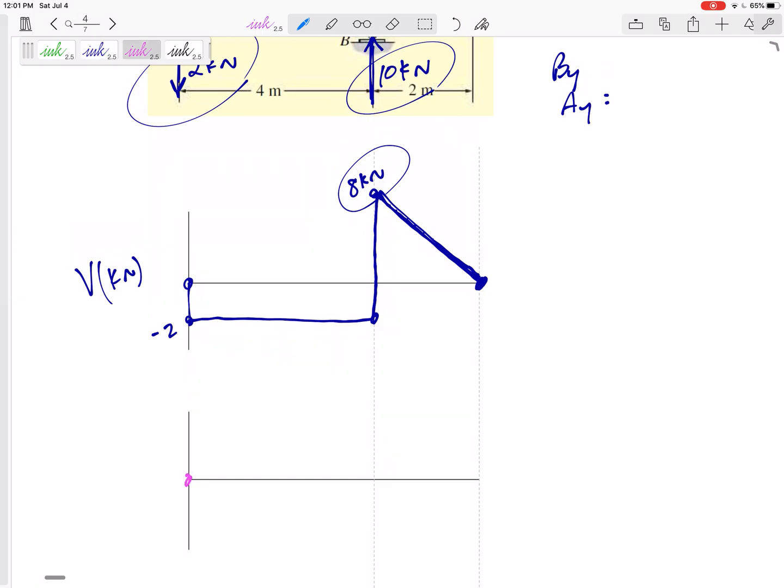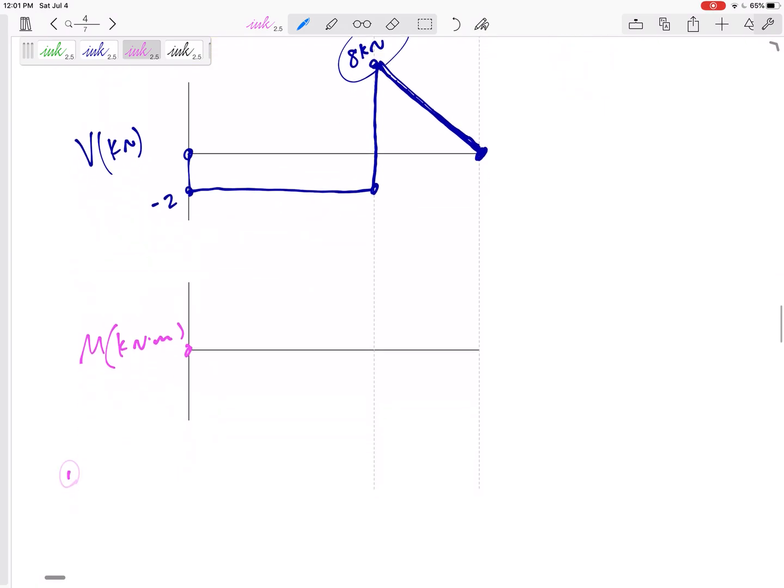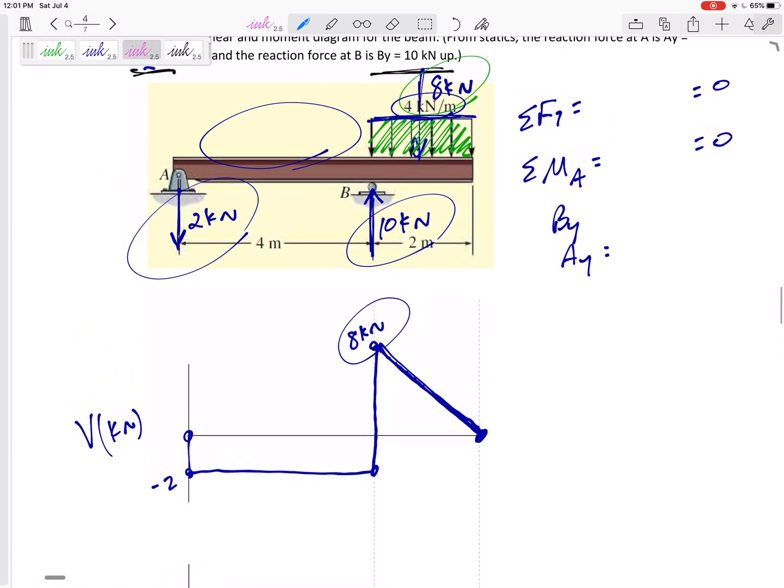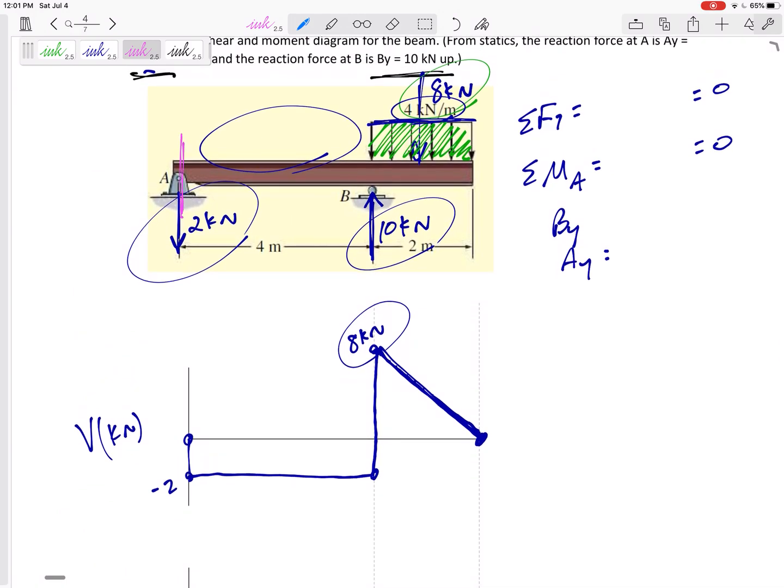Now my moment diagram. There are 3 things I'm thinking about for my moment diagram. I'm looking at moments that are drawn on there, or maybe if this was a wall and there was a moment drawn on there.